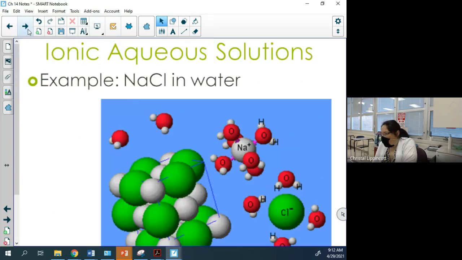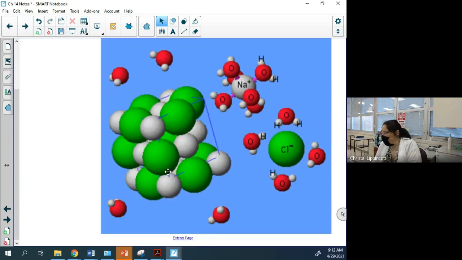So this is what happens when you've got your salt crystal here. This is our sodium and our chlorine. Chlorine's the green, sodium's the gray. You've got your water molecules, and they're going to come in. Remember, the red end of the water molecule here is negatively charged, and this end is going to be positively charged. So the positive ion is going to get surrounded by these water molecules.